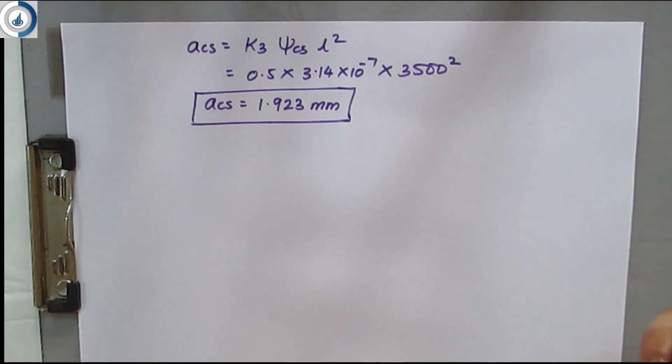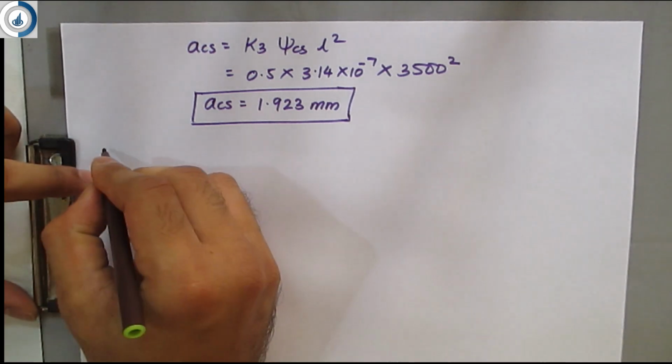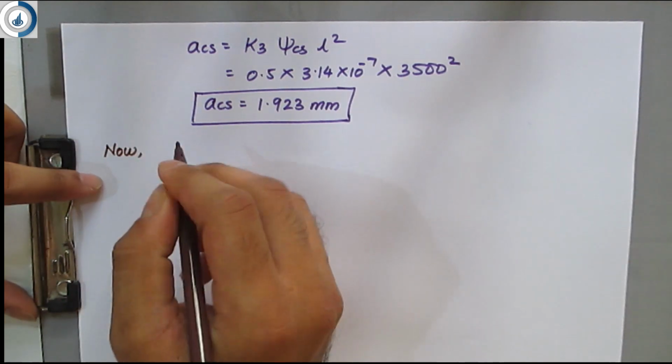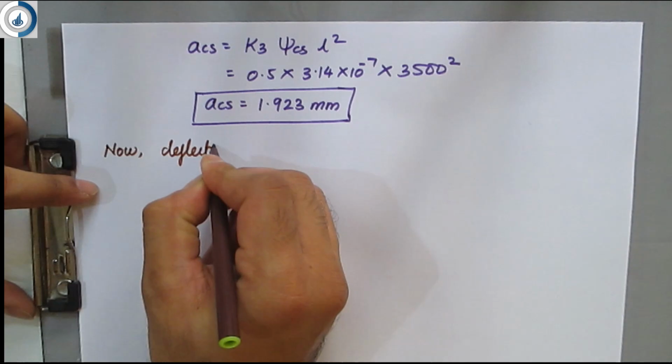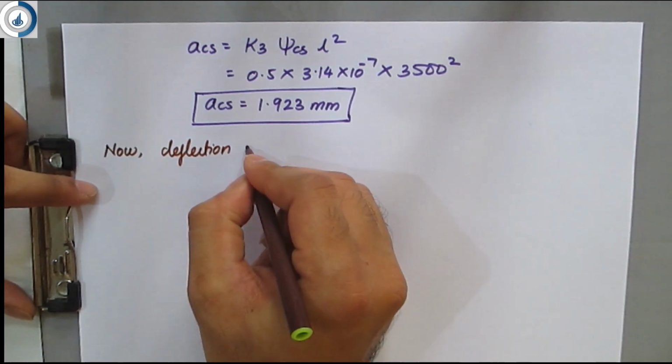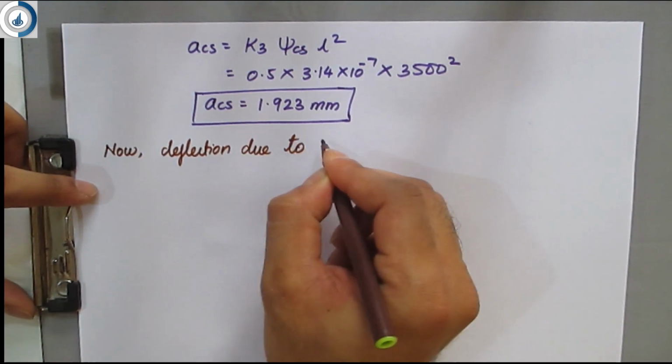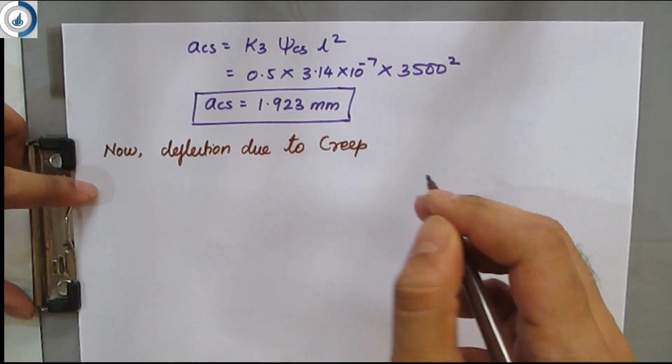If the modular ratio changes, all the things change a little bit. So now, deflection due to creep under permanent load.